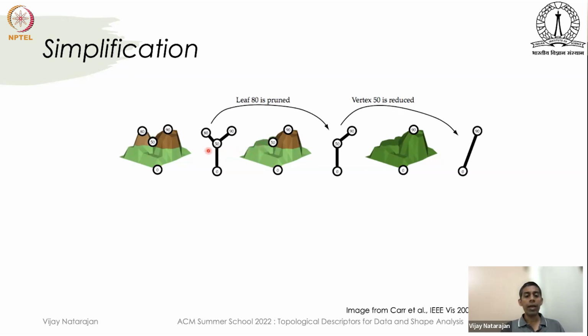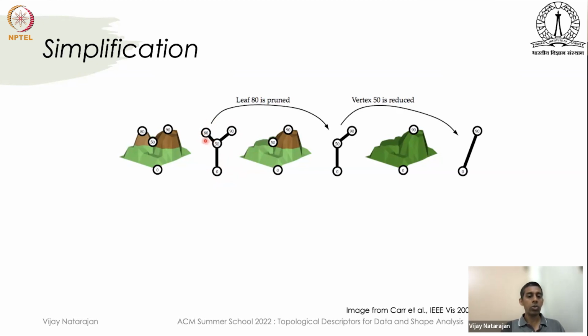How does it do that? Let's imagine that we just have the abstract representation of the contour tree. Every arc in this graph can be assigned a weight, which is equal to the difference in function value. For example, this arc has a weight of 80 minus 50, which is 30.